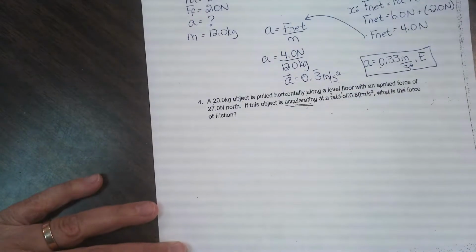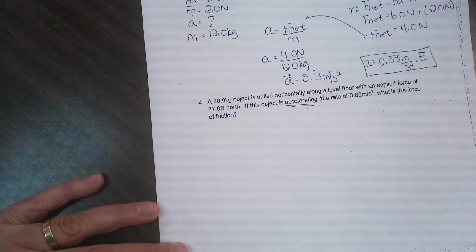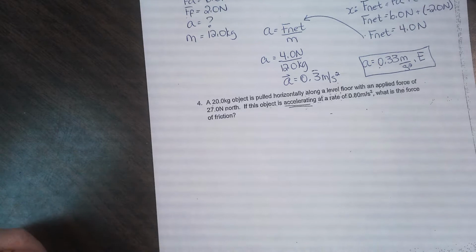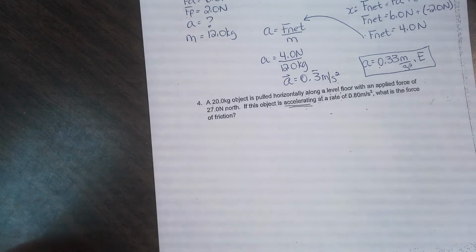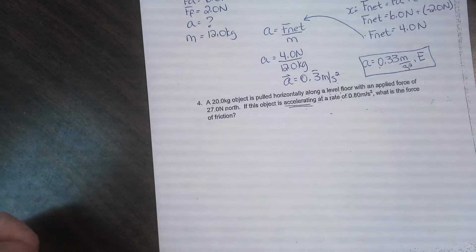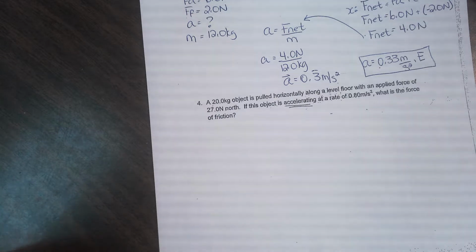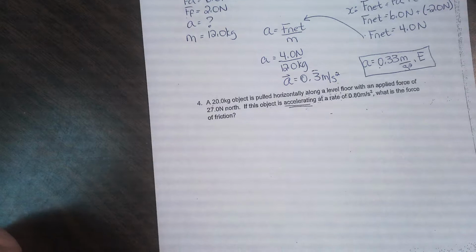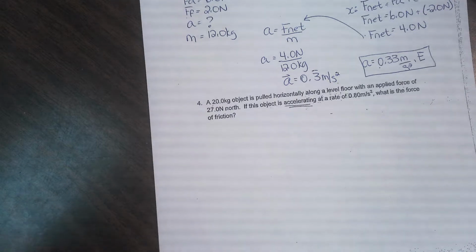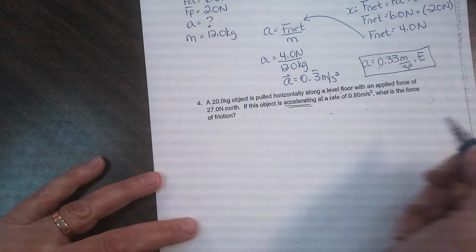Question number 4. A 20 kilogram object is pulled horizontally along a level floor with an applied force of 27.0 newtons north. If the object is accelerating at a rate of 8.80 meters per second squared, what is the force of friction? So we're going to start with a diagram.